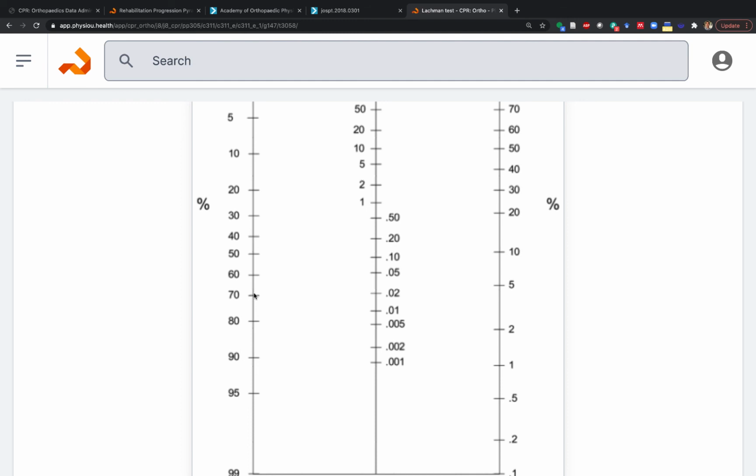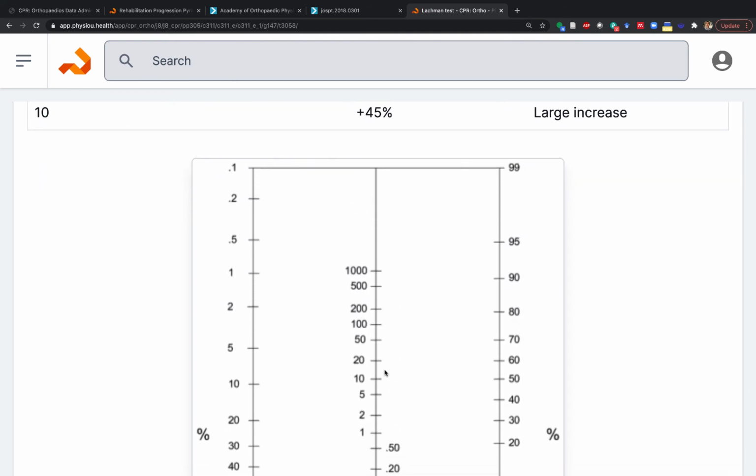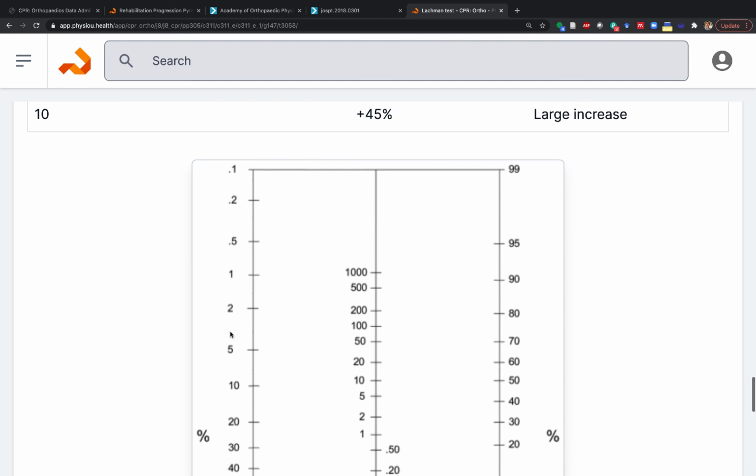So if you put a dot here, and you apply a test that has a positive likelihood ratio of 10.2, if you draw a line from 70 through 10, you're going to end up somewhere up here, 90+%, let's say. And so that one test, along with your high pretest probability, allows you to have a large level of confidence that what you're looking at is a significant ACL injury.